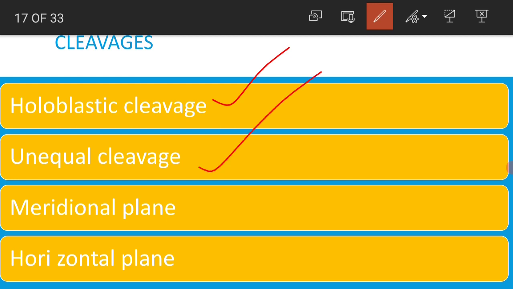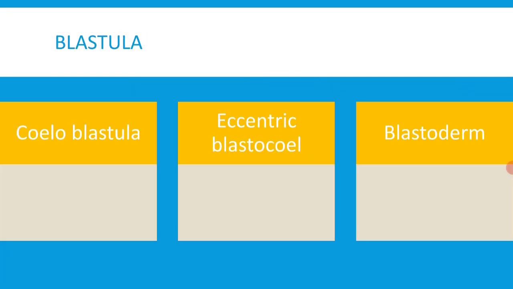As a result, megameres, which are big, and micromeres, which are small, two types of cells are formed during the embryonic development, and they exhibit specific movements, because megameres are gravity oriented, whereas micromeres to some extent conquer the gravity during their mobility. And the cleavage passes through meridional plane and also horizontal plane.